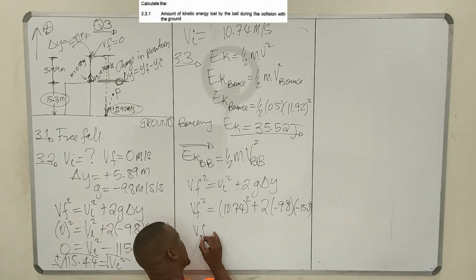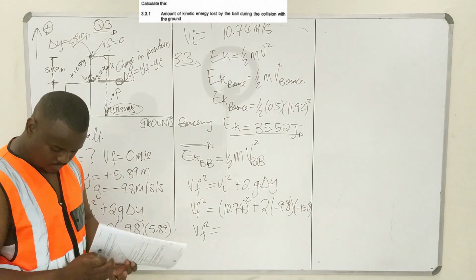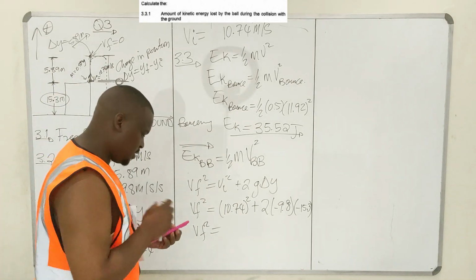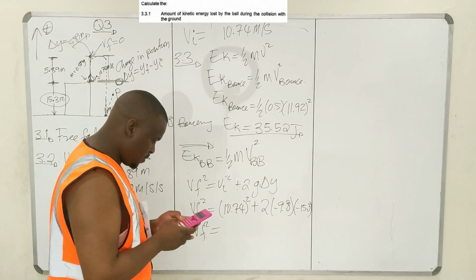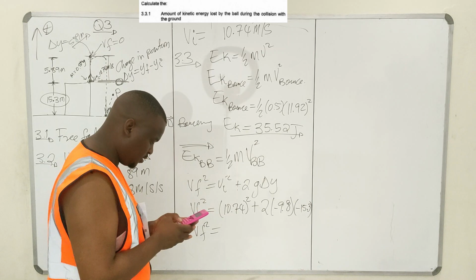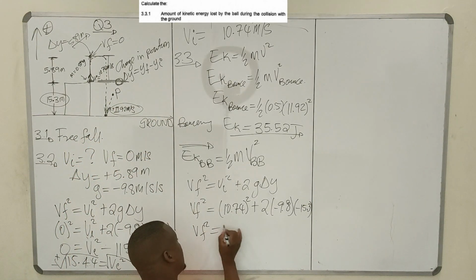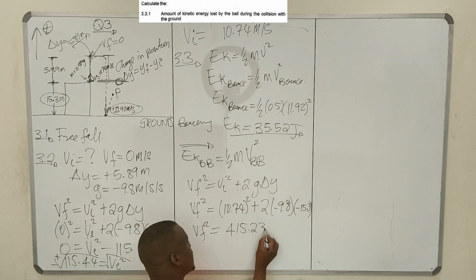So here we have negative 15.3. So your Vf squared is equal to, punch that in your calculator and see what you get. So it's 10.74 all squared plus 2 times negative 9.8 times negative 15.3. So Vf squared is 415.23.